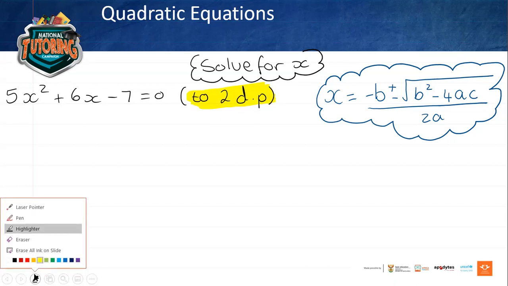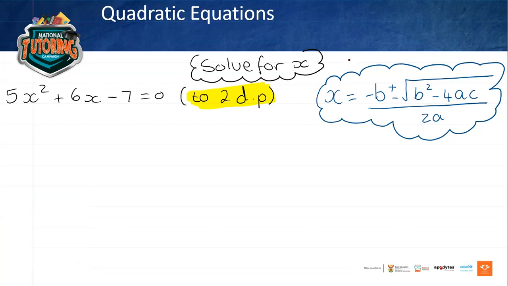Our formula is given in the formula sheet. Okay, it's over here. I've written it out for you, and you can find it at the back of all your exams, and you should have it for your tests as well. It is given to you. Now, this formula only works if your equation is in standard form. We have our equation in standard form, 5x squared plus 6x minus 7 equals 0.